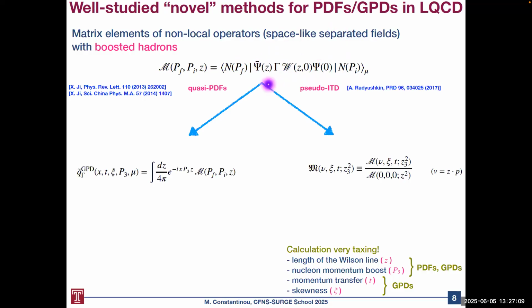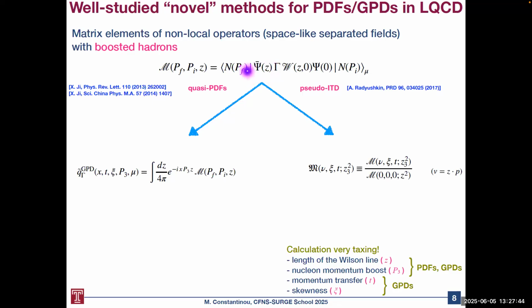And then two ideas became available, one by Zhang Dongji 2013, quasi-PDFs, that says, wait a minute, this matrix element now is defined in a coordinate space because you can calculate it for several values of z. Z is the length of the Wilson line. It's a separation between quarks and antiquarks, or gluon fields if you're doing a gluon PDF, GPDs, and so on. I will focus on quarks for this talk.